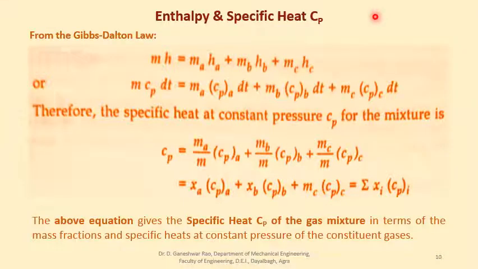In the similar manner, you can find out first enthalpy equation and then specific heat at constant pressure. Now, as per Gibbs-Dalton's law, capital H is equal to HA plus HB plus HC.